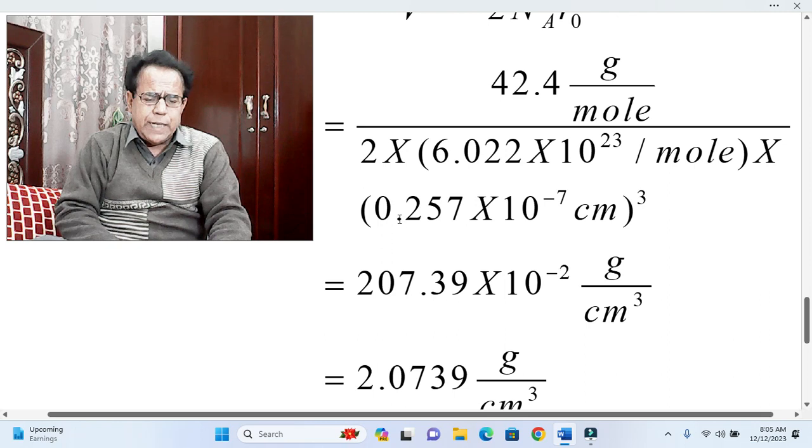Then it is multiplied with 6.022 and then by 2, and the resultant value is divided by 42.4, then we get 207.39.